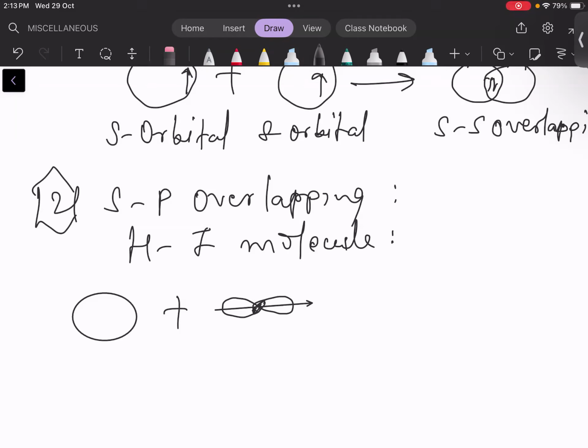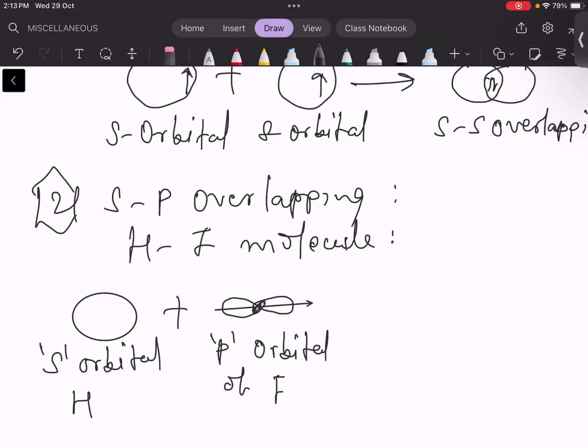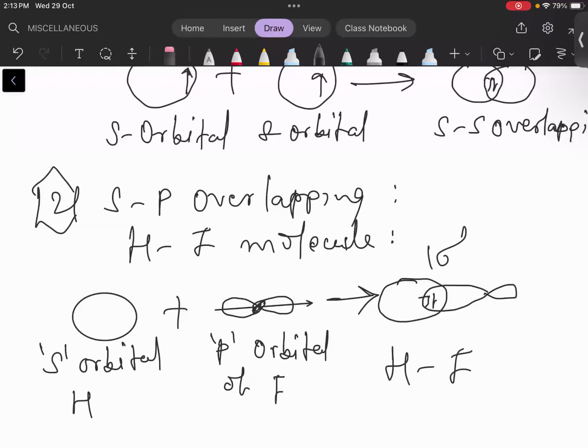This is the s orbital of hydrogen combined with the p orbital of fluorine. So what do you get? You get one sigma bond, nothing but the HF bond.